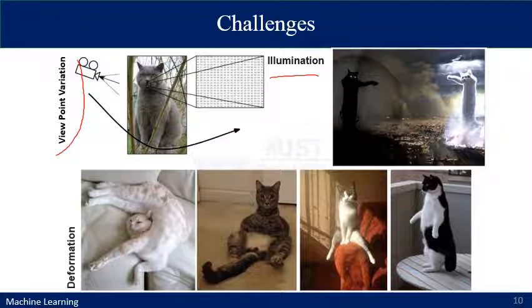And there are a lot of filters in the current advent of image sharing websites, and people put a lot of filters on the images of animals, and it is also a challenge for the image classifier to read those altered values with different kinds of illumination. Additionally, you can also face the challenge of deformation. As you can see, a cat may be sitting in a different formation or standing in a different formation.